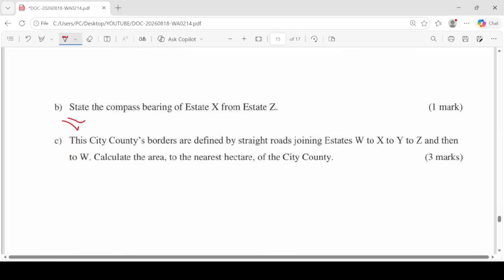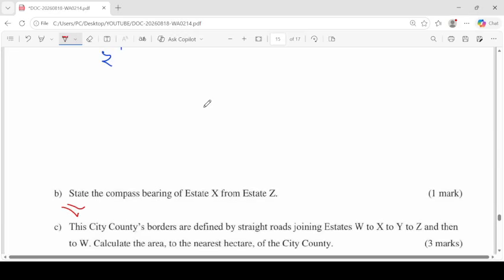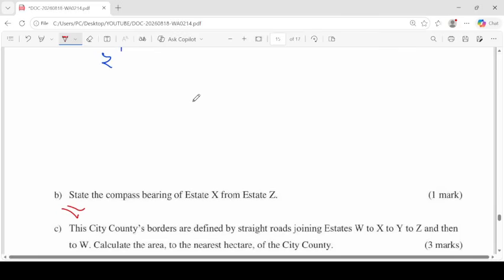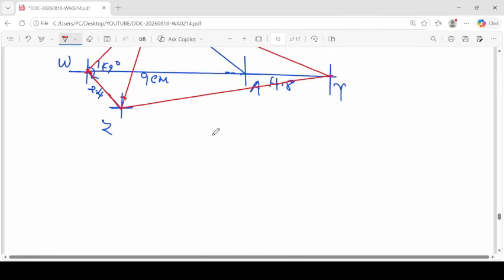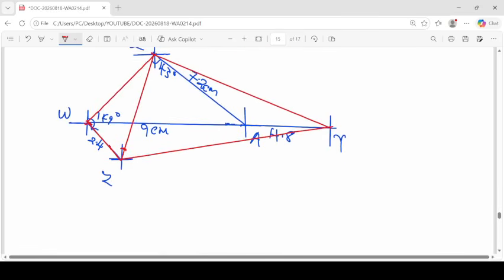Then calculate the area of the city to the nearest square kilometer. Let us calculate this area. When you look at this border and you are told to calculate its area, what are we going to do? There are several methods we can use.